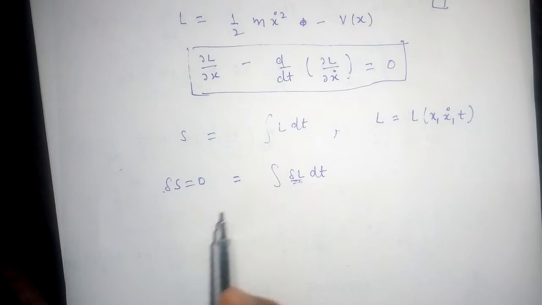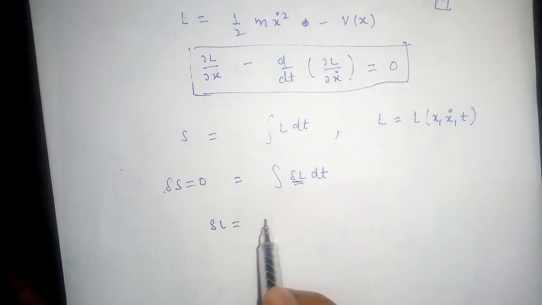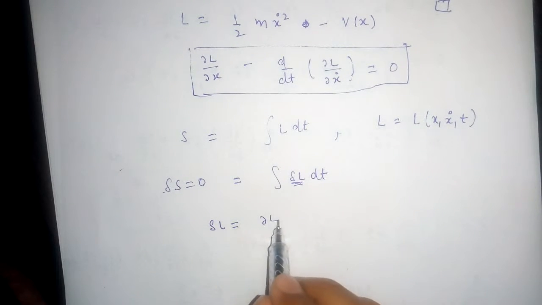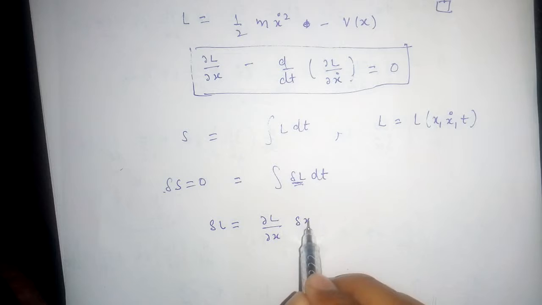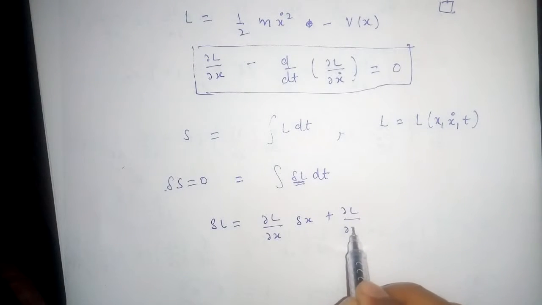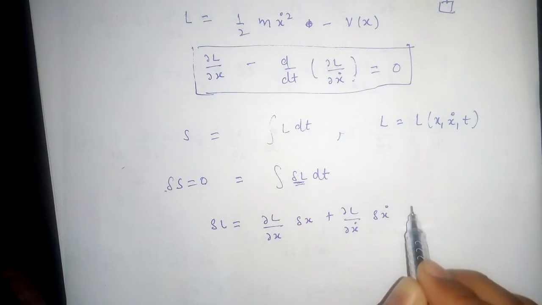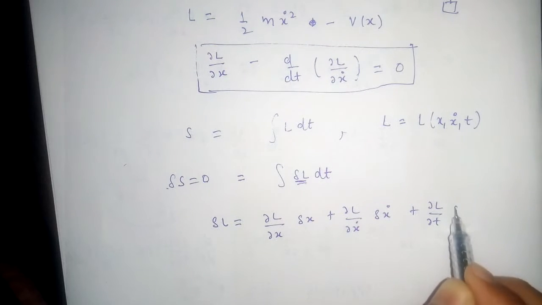And what is delta L? For delta L, I will use the chain rule: delta L upon delta x, and similarly here and similarly here also.